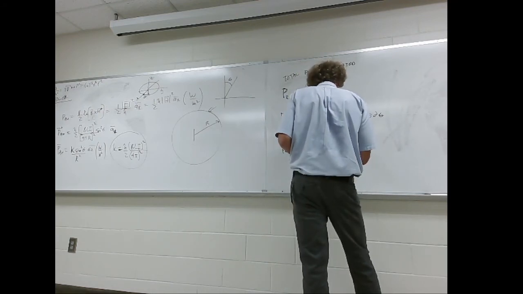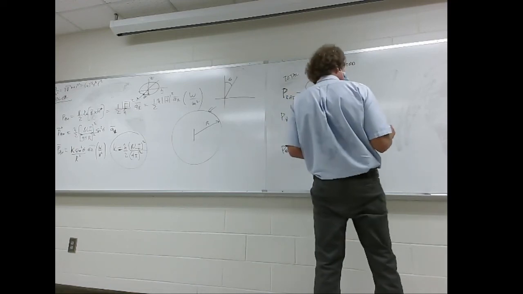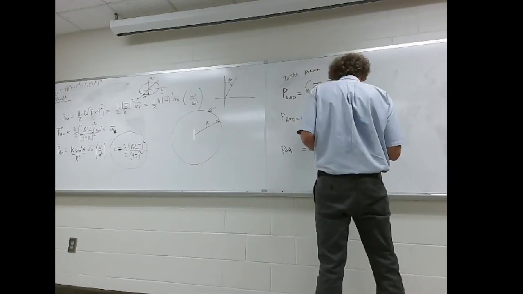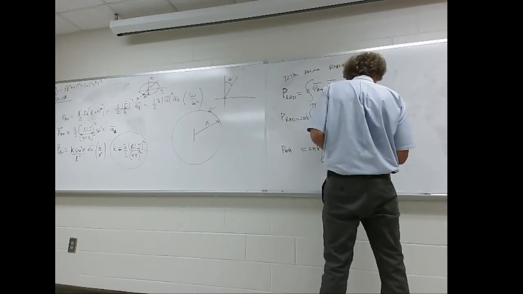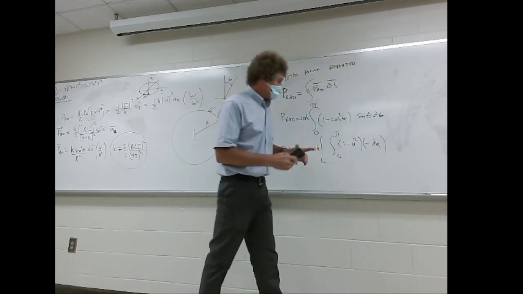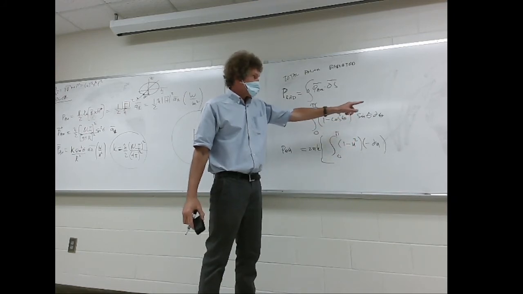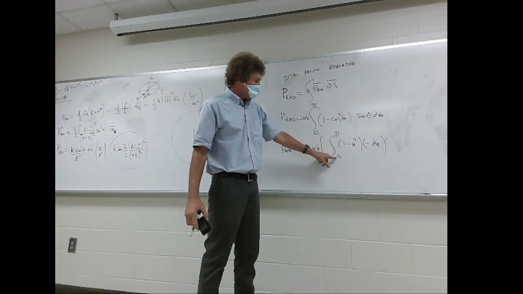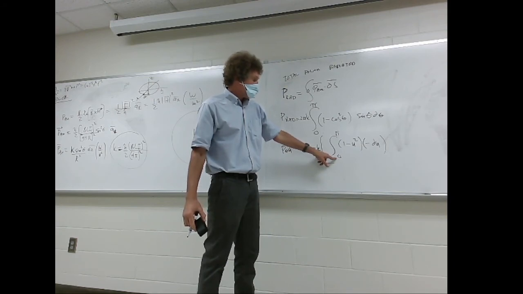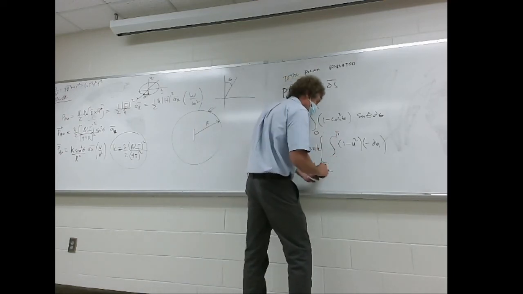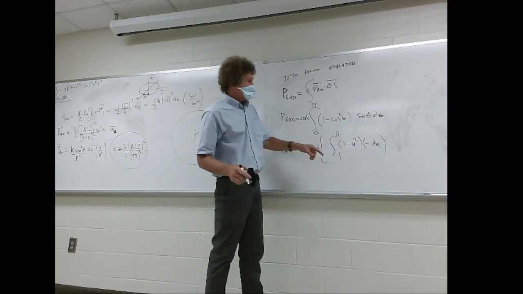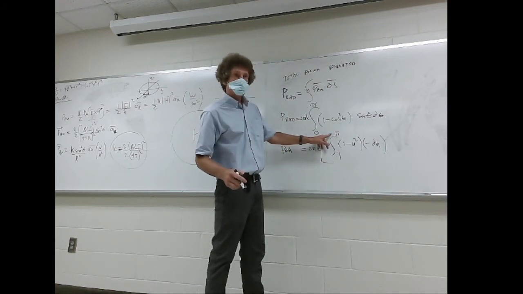Or really, I can just do it this way: 1 minus u squared, and sine theta d theta is going to be minus du. And I'm going to change these limits. Y'all follow what I've done there? Right. That sine theta d theta is minus du. And then I have to do this. Now, if u is equal to cosine theta, when theta is equal to 0, the cosine of theta is 1. And when theta is equal to pi, the cosine of pi is minus 1.